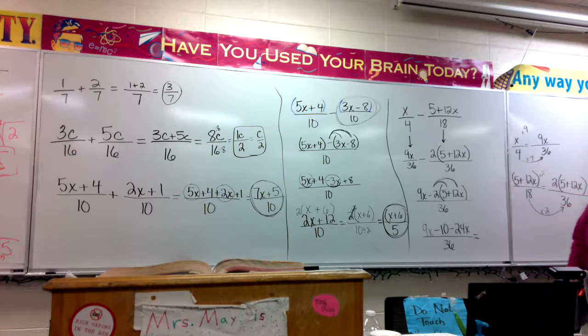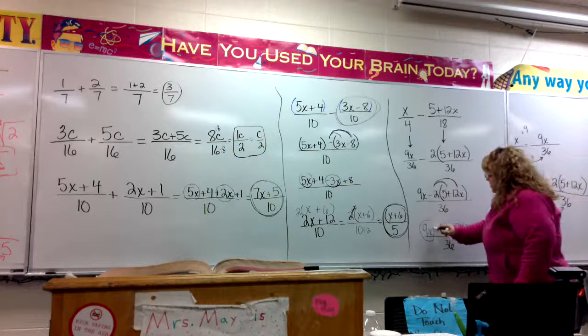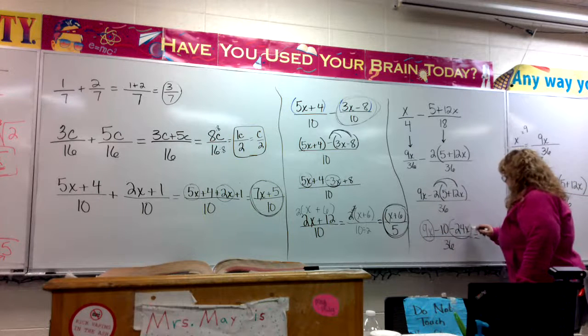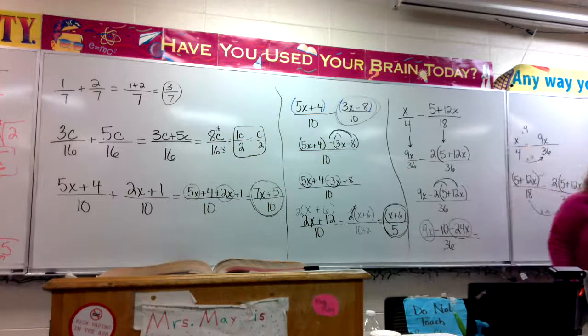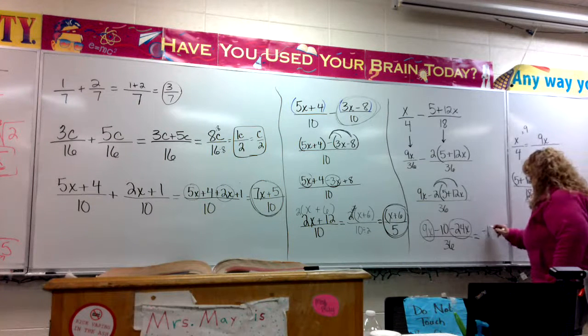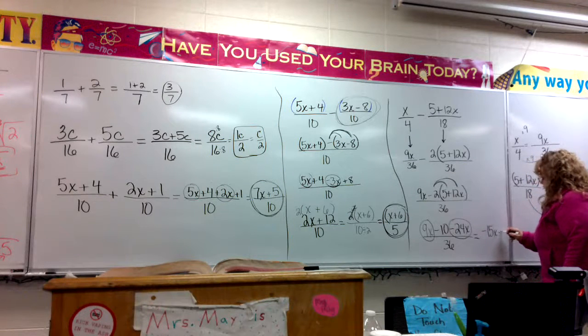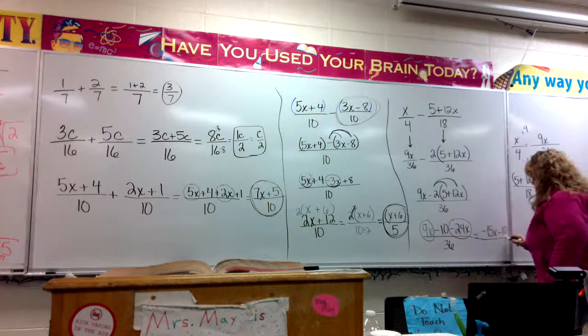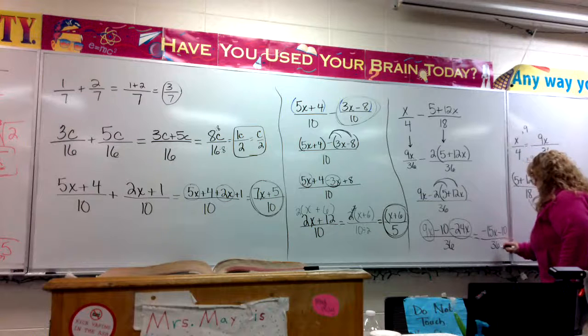Like terms, I have 9x, take away 24x. Oh, geez. Is that 15? Negative, I think. Negative 15x minus 10 all over 36.